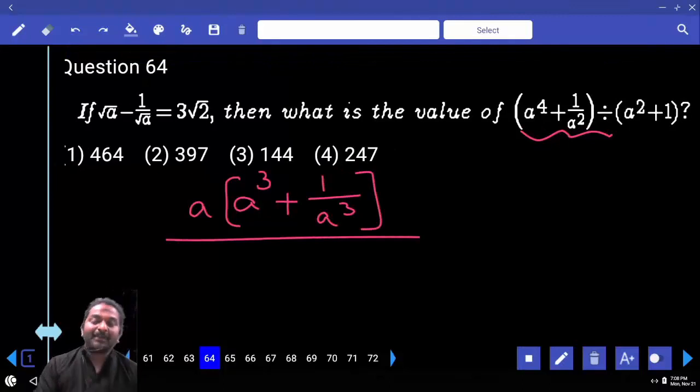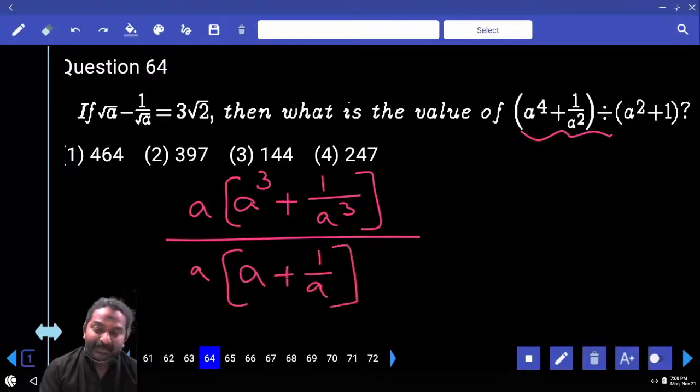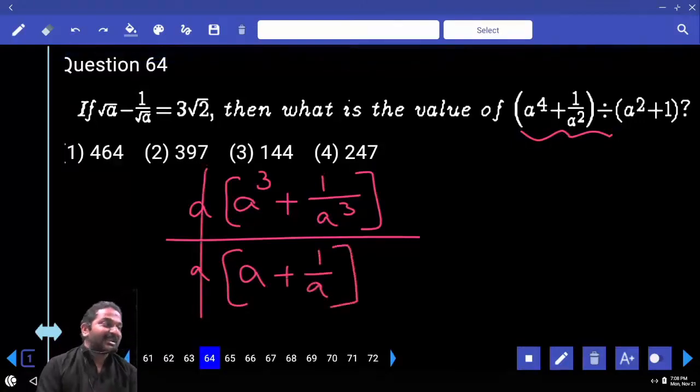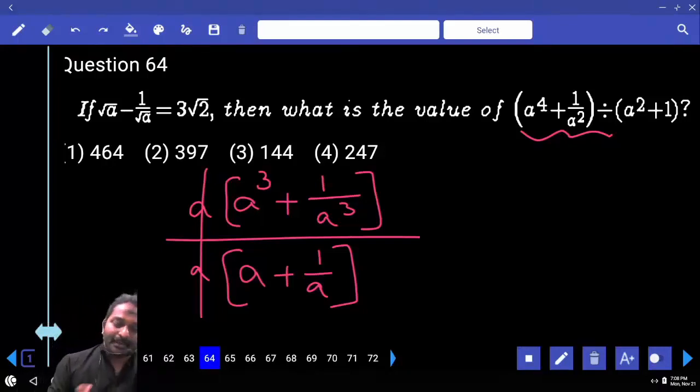In the denominator, what is there? a square plus 1. Even in the denominator, if I take a common, a plus 1 by a. A gets cancelled. So finally we need to identify a cube plus 1 by a cube, divided by a plus 1 by a. Correct? Very good.